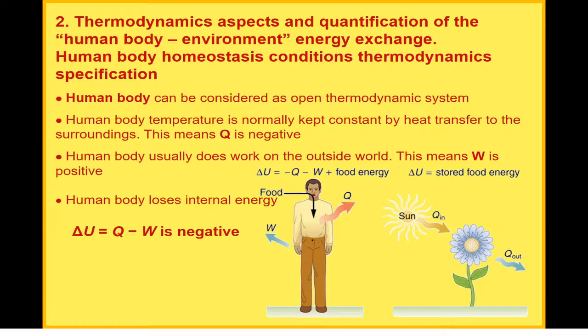This means work is positive. And you can see how the internal energy of the human body is changed. So that is why the human body loses internal energy. This is negative. And what does the body require?